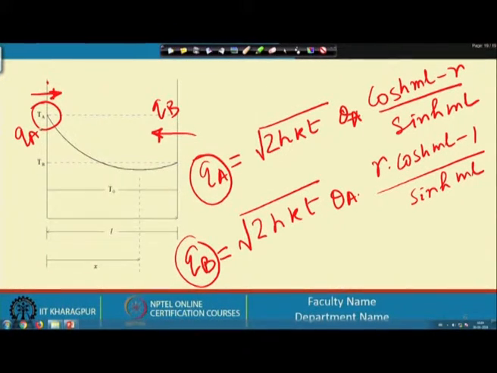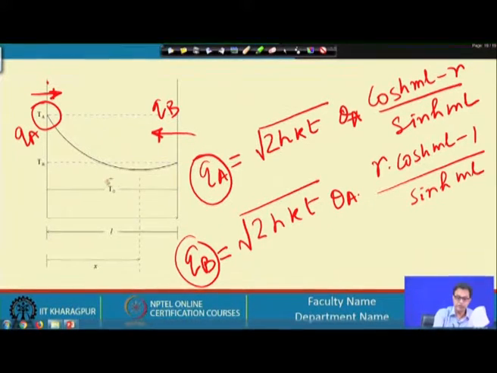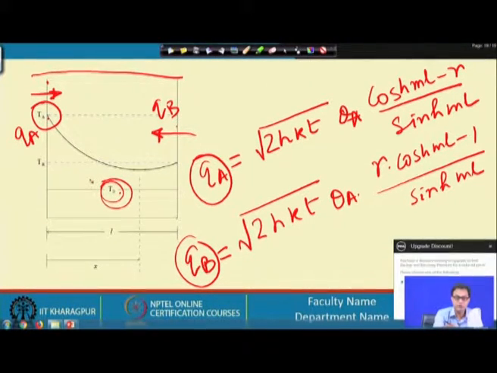Once we know this Q A and Q B, we would be able to find out many things. Now, it may not always be the situation that the fluid temperature is in this configuration. There may be other situations, where the fluid temperature T0 may be hotter than the wall temperatures.